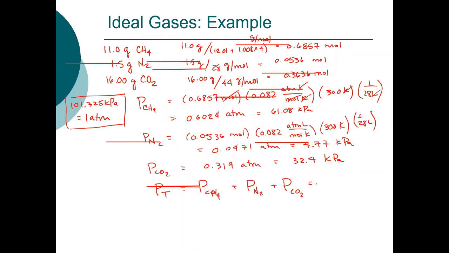So it's equal to 0.6024 plus 0.0471 plus 0.319, and that is equal to 0.969 atmospheres, or 98.2 kilopascals. So that would give us the total pressure in this drum.